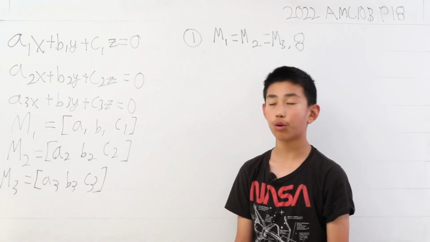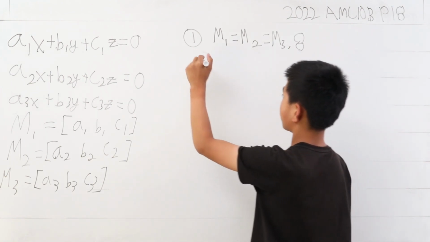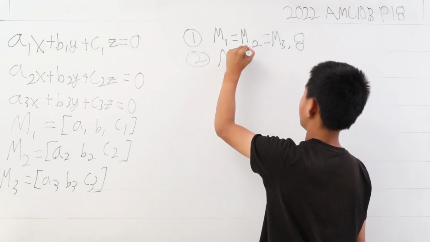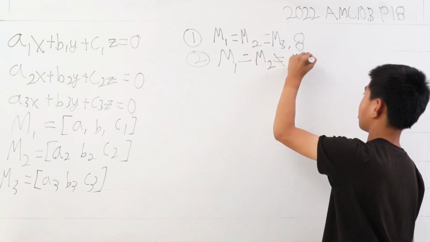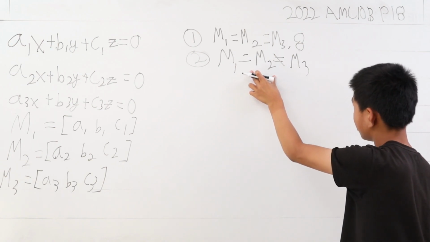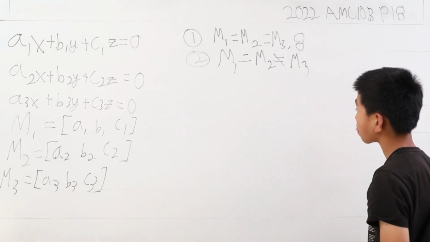So we solved one of the cases. This has 8 solutions. Now we move on to the second case, where two of the matrices, let's call them M1 and M2, are equal but not equal to the third matrix.